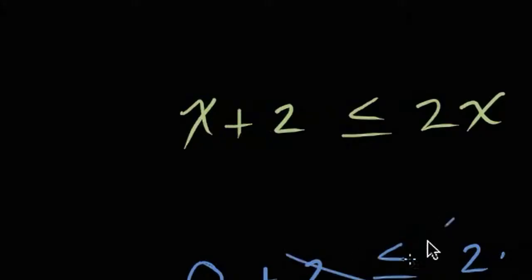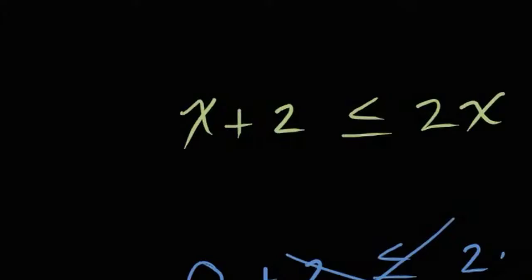So this does not satisfy the left-hand side inequality. Let's see if it satisfies the right-hand side inequality. In order to satisfy it, 3 times 0 plus 4 needs to be greater than 5 times 0. Well, 3 times 0 is just 0. 5 times 0 is 0. So 4 needs to be greater than 0, which is true. So 0 does satisfy this inequality.